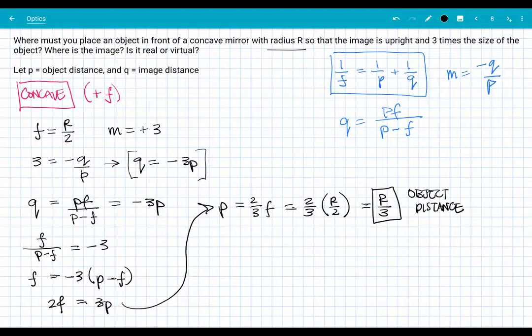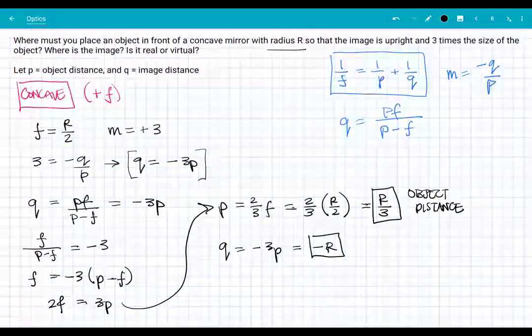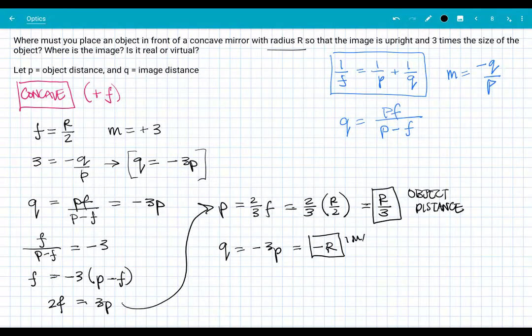Where must you place the object? Then we can easily find the image distance because we have a relationship between q and p that's already established. q is equal to negative 3p, so that is negative r. And so this is my image distance.